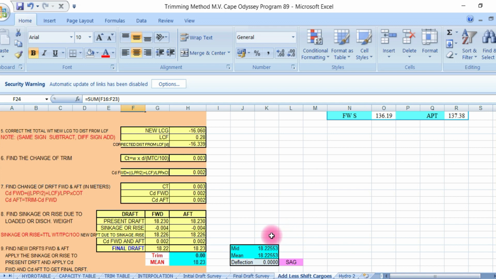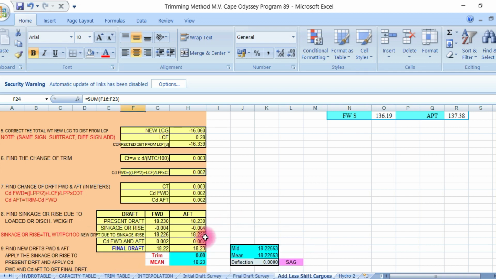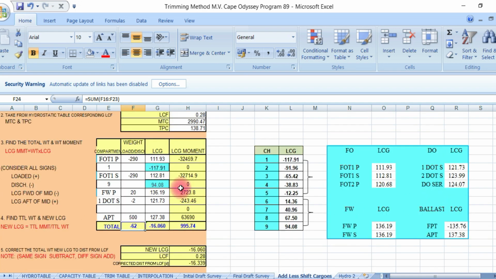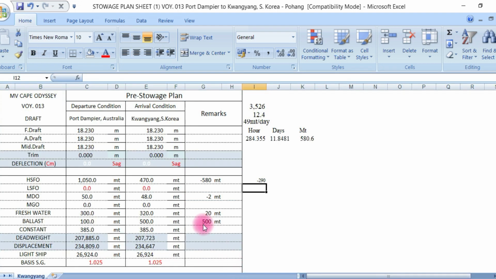Okay. Now, there's another way of computing to reach Gwangyang without using the ballast tank.